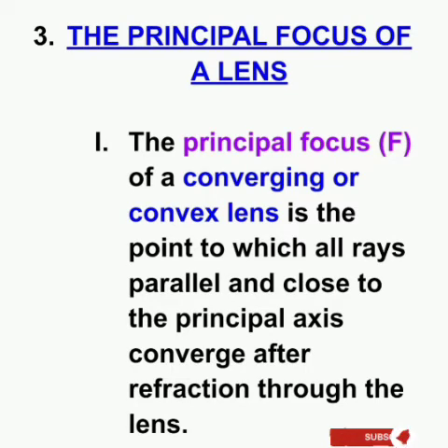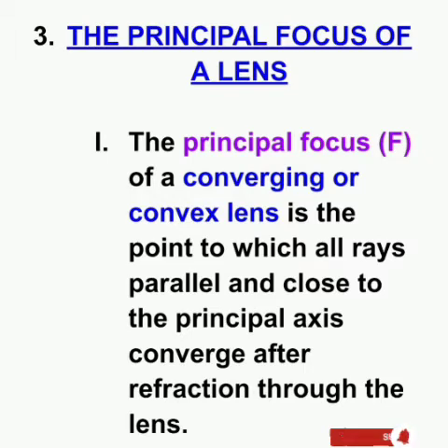It is the point to which all rays which are parallel and close to the principal axis will converge after the rays have been refracted through the lens. So for a converging lens, the rays actually converge at that point F, which is called the principal focus.